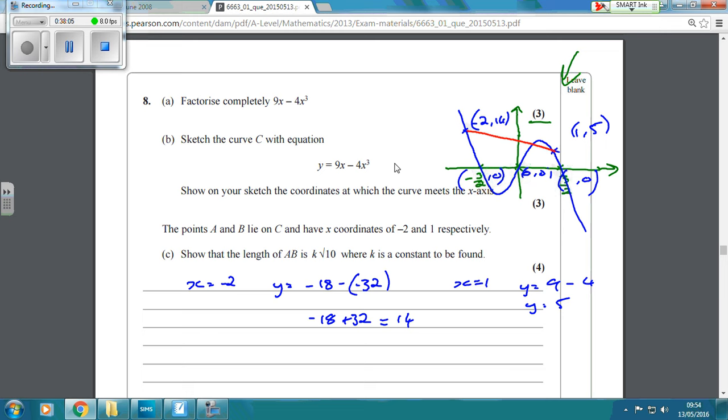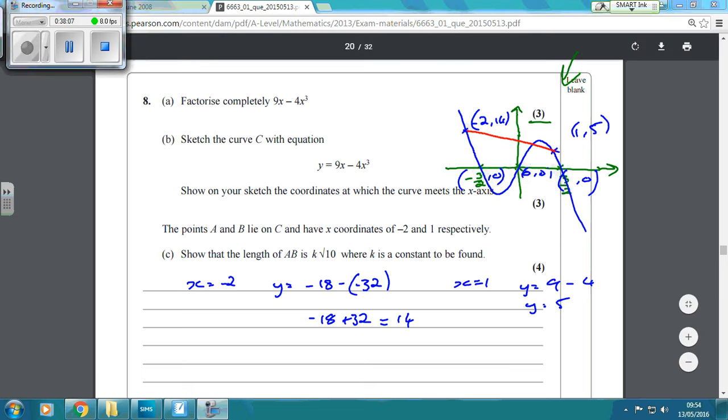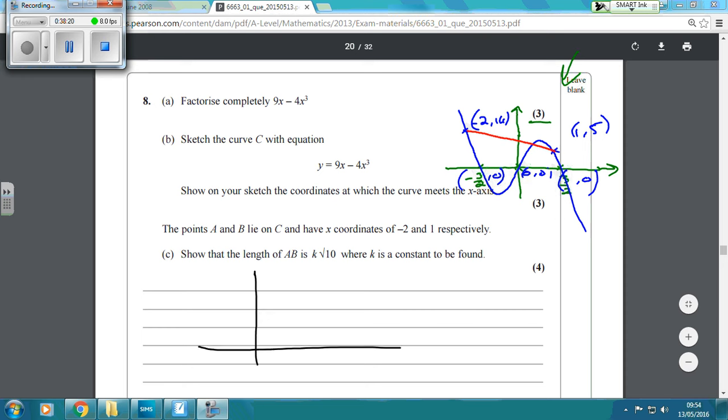Okay, so we've got to find the distance between two coordinates. And the way we do this, if we want to sketch out another sketch just to definitely see what we're looking at, we've got two coordinates. We've got -2, 14, and again, it doesn't need to be accurate, -2, 14, and 1, 5.